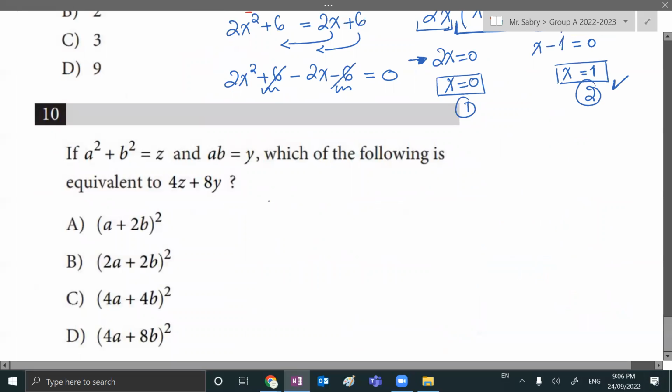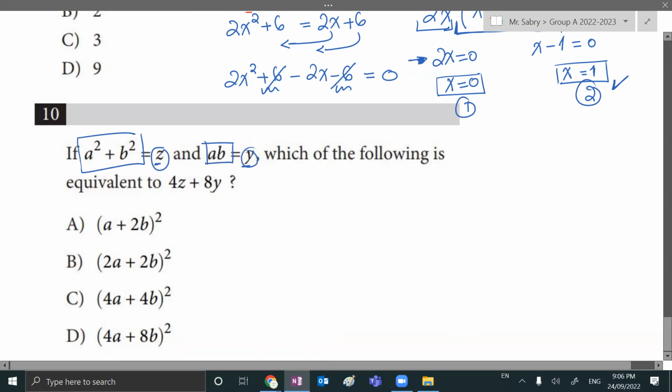Now this one. You're told a squared plus b squared is equal to z, and then a times b is equal to y. Which of the following is equivalent to 4z plus 8y? So I'd say to substitute. It tells me that z is equal to a few things, and the y is equal to those things.